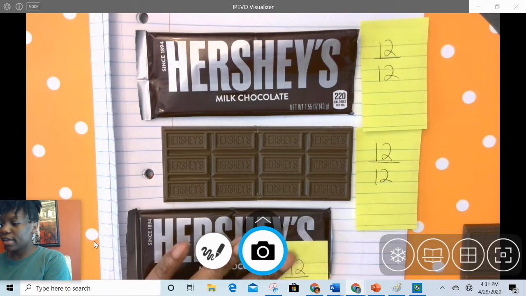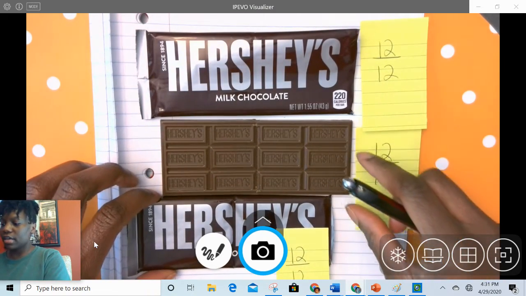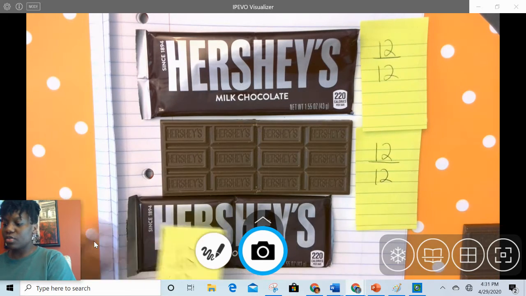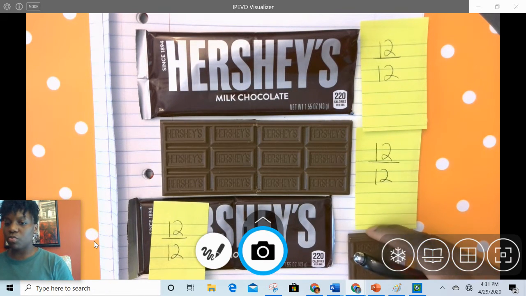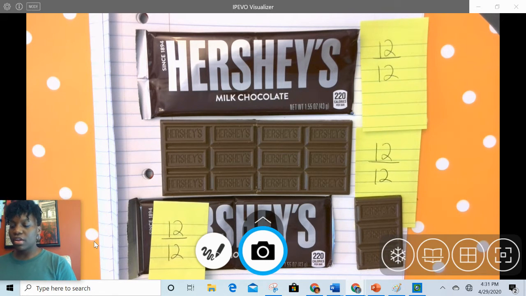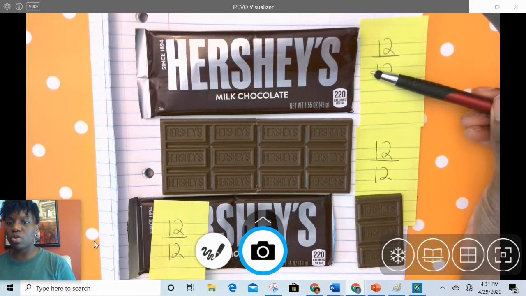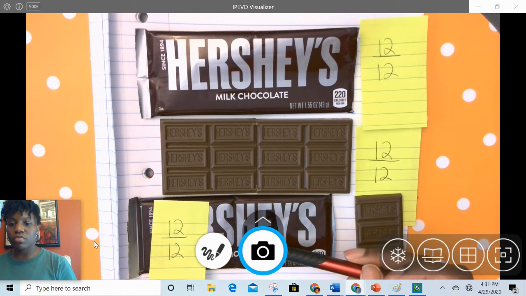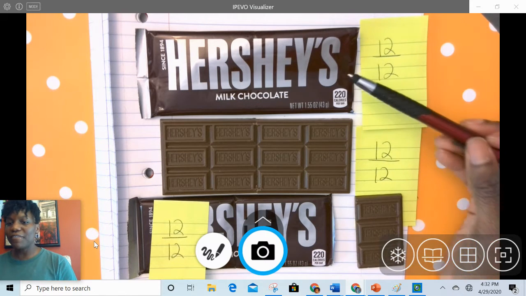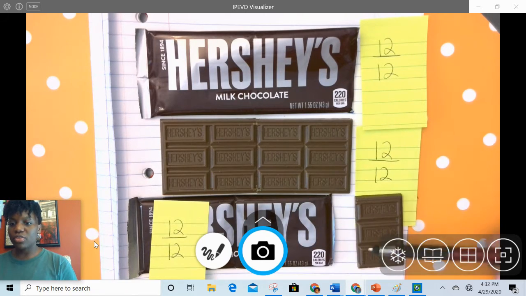So I have 12 twelfths here, 12 twelfths there, and another 12 twelfths here for this Hershey's bar. And what if I have this little piece right here? That's not a whole Hershey's bar. That's only 3 twelfths, right? So what I have here so far is 12 twelfths and another 12 twelfths and another 12 twelfths and 3 twelfths. Well, you can obviously see that this gives me 3 whole Hershey's bars and 3 twelfths.